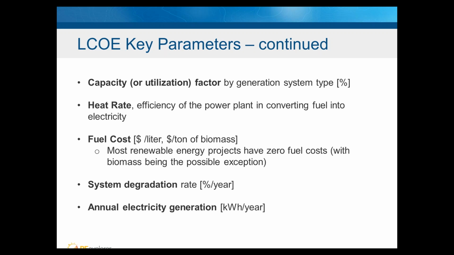So we estimate the percentage of this degradation and apply it to the calculation. And the last one, the annual electricity generation: whether we have actual data or it is model-based, we estimate the annual electricity generation and the value of the electricity that this technology produces.